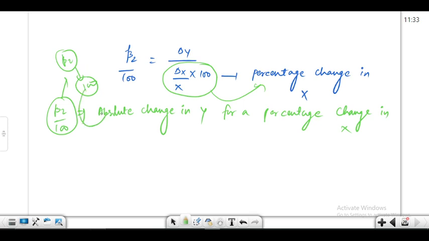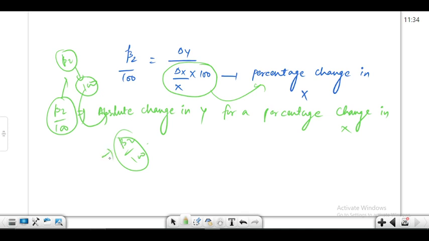Then you will say that for a percentage change in your x variable, whatever percentage change is happening in the x variable, it is reflecting in beta 2 upon 100 change in the y variable. So this is the absolute change.